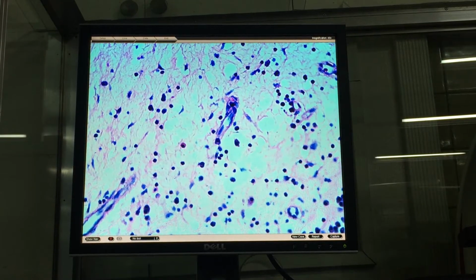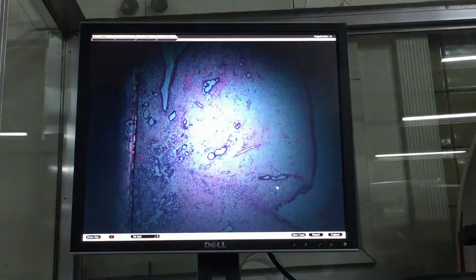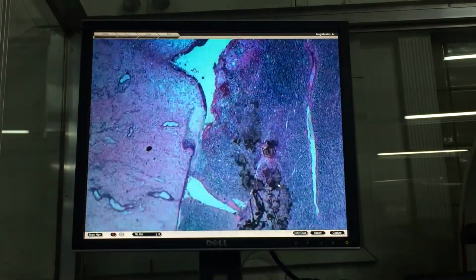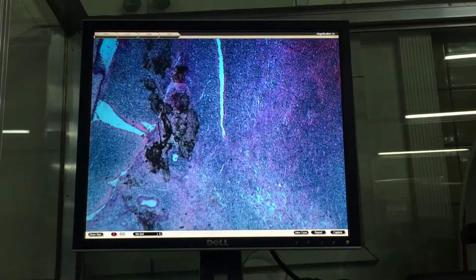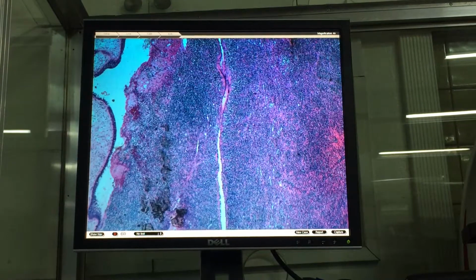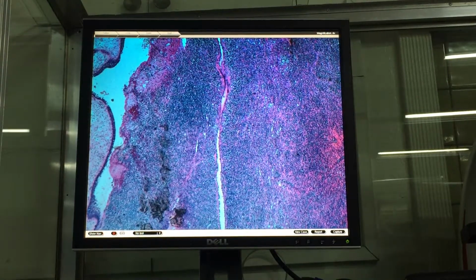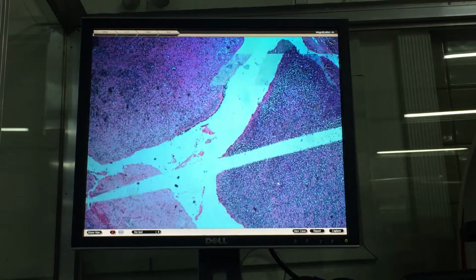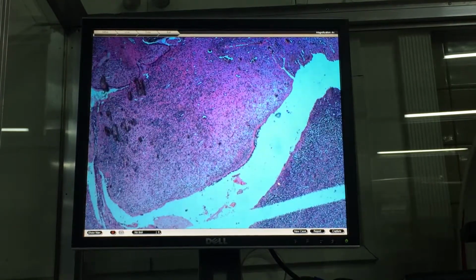At low power, this is one lesion, but if we go to the other lesion, this one is densely occupied by inflammatory cells. The polyp. So still, this is your inflammatory nasal polyp.